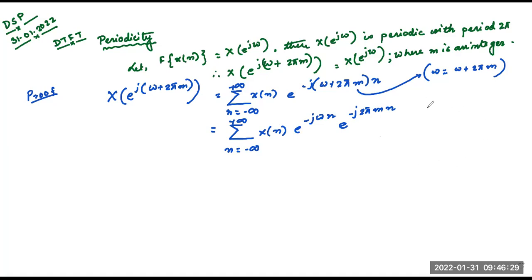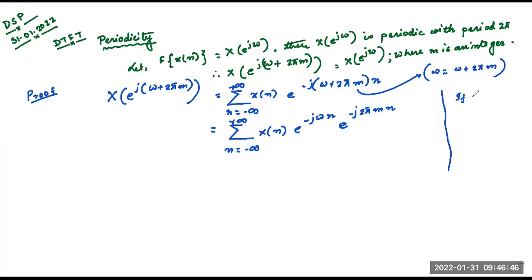Now for the formula e to the power minus j theta, if m and n are integers, e to the power minus j 2 pi m n equals 1. That is the trigonometrical formula that we know.